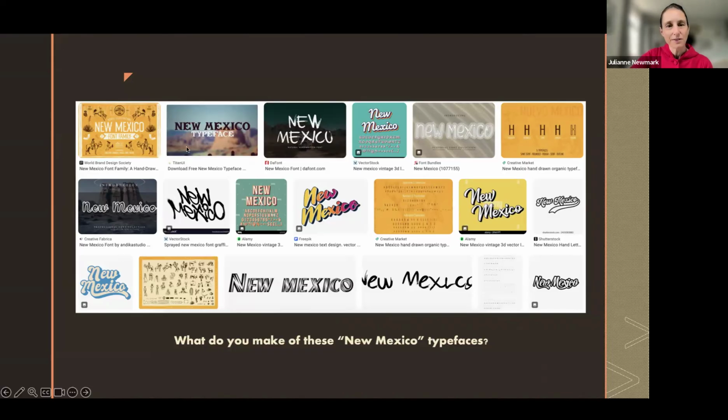This one obviously conveys a graffiti style, this New Mexico typeface. We have this one that is an angled block font that almost looks engraved. What do you make of that? We have these cursive-like fonts here, and then we have this rounded serif, all caps font. This one almost looks like a sports jersey with the swooping line coming from the M underneath the font.